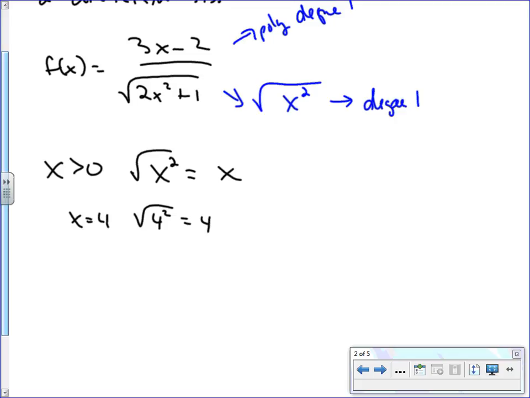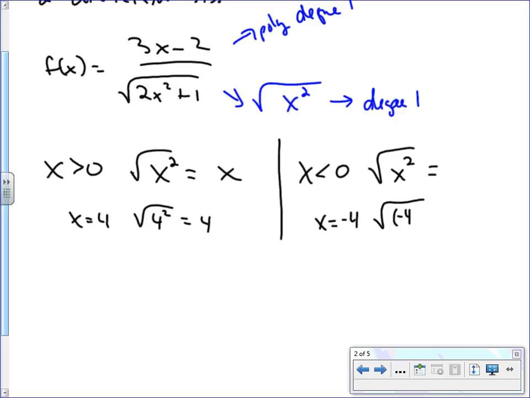If you are looking at a negative x value, and I ask you what's the square root of x squared, the answer is not x, because the answer to a square root has to be a non-negative number. So, for example, if x is negative 4, and I say, what's the square root of negative 4 squared? That's the square root of 16, which turns out to be positive 4. x was negative 4, but the square root of x squared is positive 4.